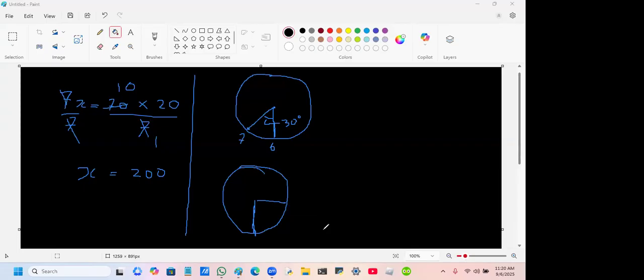Now, remember that in a circle, each quarter is 90 degrees. Am I right? Yes. So in other words, I've covered 90 degrees here, another 90 degrees here, and another 90 degrees here.